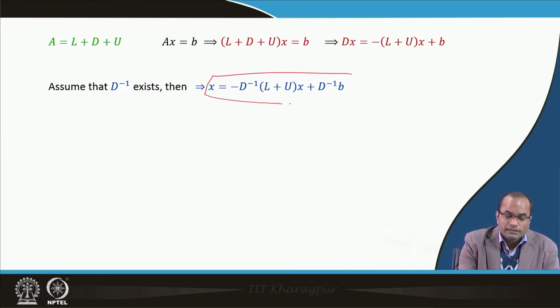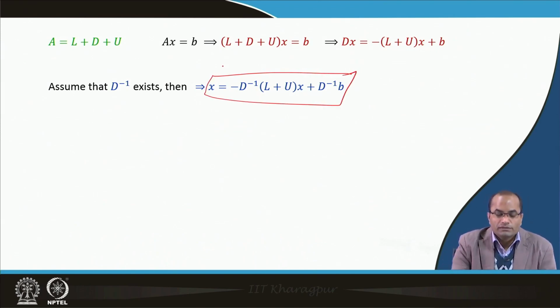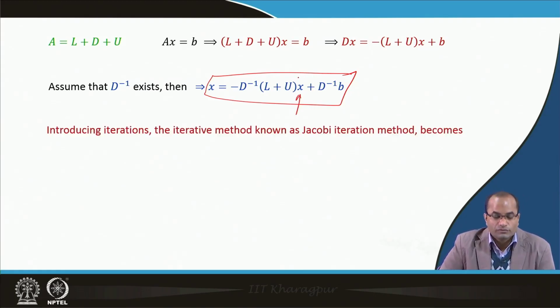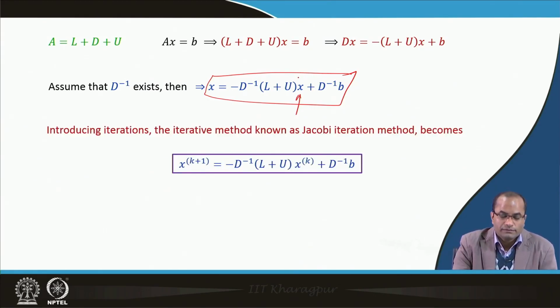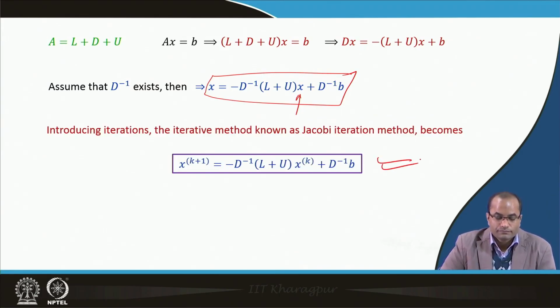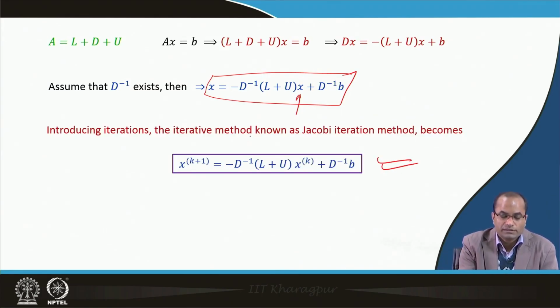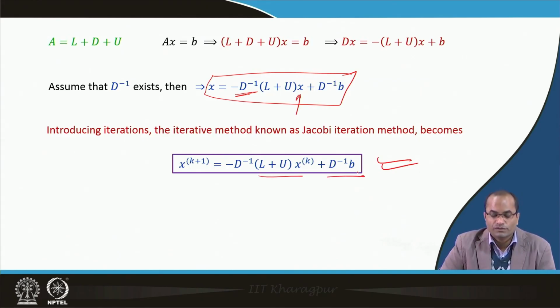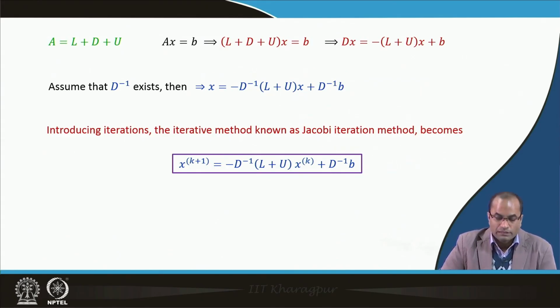From here we can set up our scheme, with the left hand side having the values at the k plus 1 iteration given the values at the kth iteration. So the iteration method is given by x k plus 1 is equal to minus D inverse L plus U x k plus D inverse b. This is the so called Jacobi iteration method.